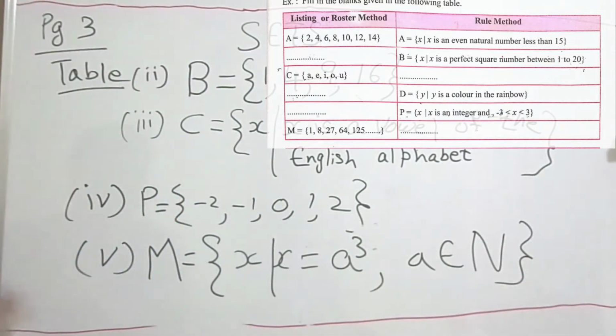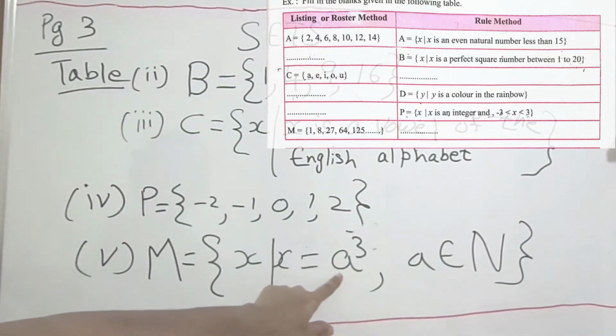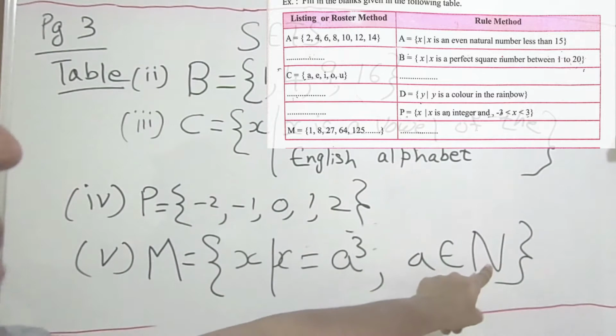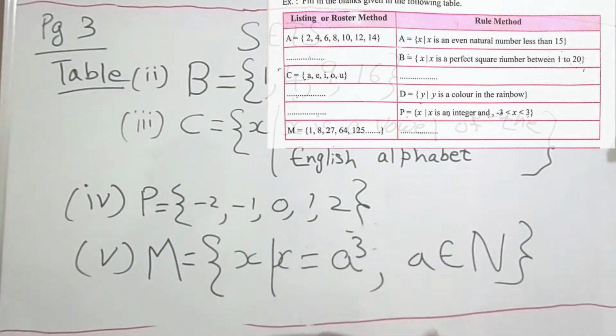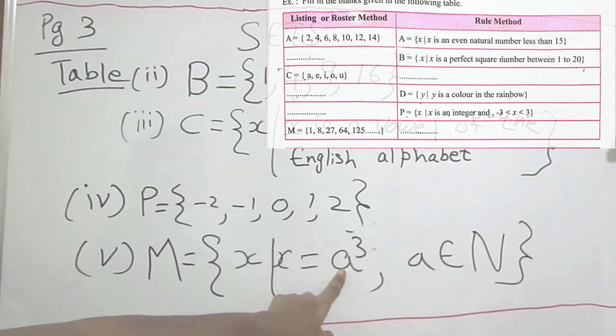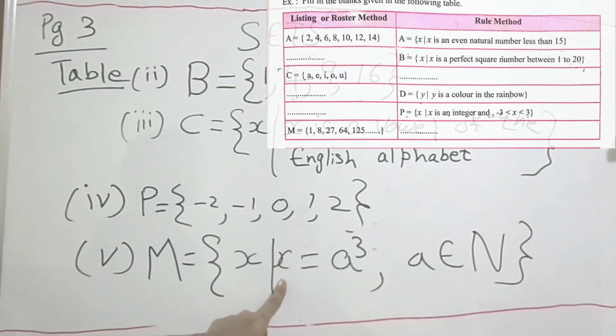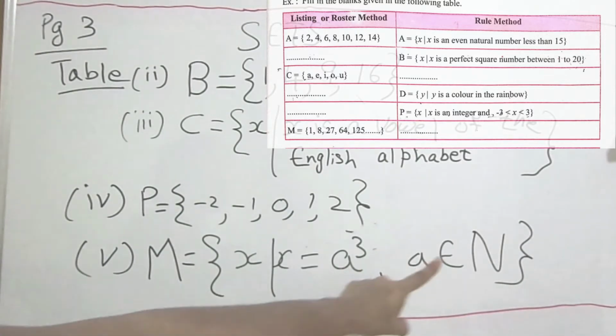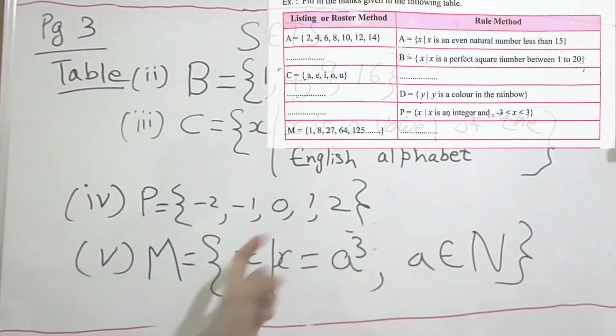These numbers are infinite. You can see dot dot dot, it's never ending. So that means we have to write x is equal to a cube, and a belongs to natural numbers. Now you list it and see if you are getting it. Now which are the natural numbers? 1, 2, 3, 4 and so on. So when you put here 1 cube, you are getting the first number as 1. When you put the next natural number 2, 2 cube is 8. So you are getting it. 3, 3 cube, and so on, it will be infinite. So it's correct.